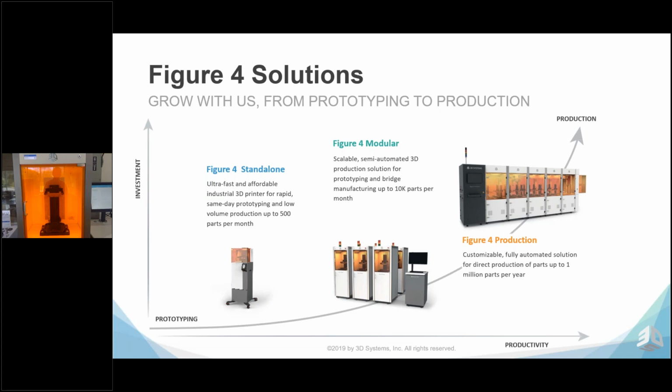Which means at the beginning we have the Figure 4 standalone. This is just a single machine with a single print engine, and it's very, very fast. All these machines are very fast, and we'll talk about just how fast they are. So you start with this standalone, and this is good for anywhere from 500 to 1,000 parts per month.